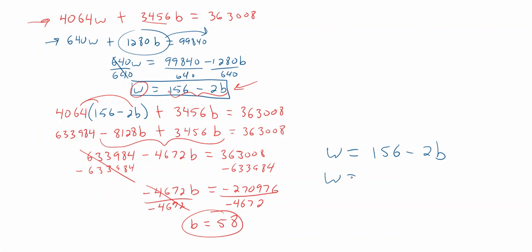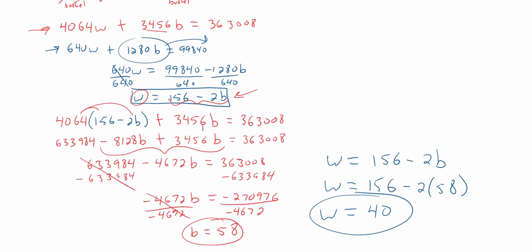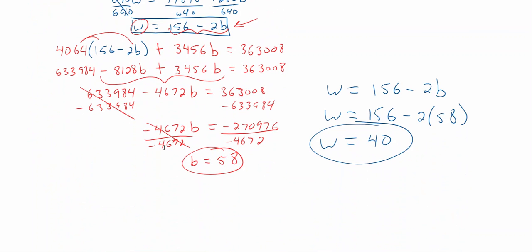So wheat would be 156 minus 2 times 58. So the wheat would be 40. And then just remember what we were looking for here. This was bushels per acre, right? So each of these would be in bushels per acre.